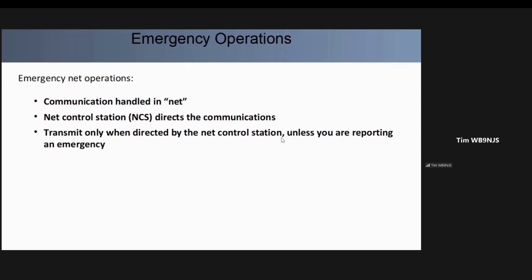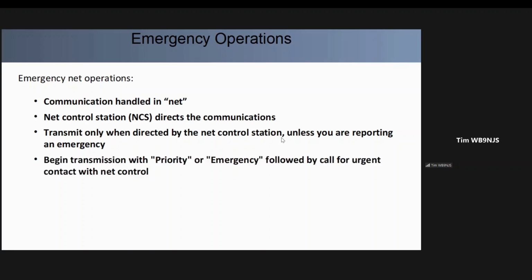Good practices to follow when you are on a net. The good standard practice is to transmit only when you've been directed to do so by the net control station, unless, of course, you have an emergency situation to report. So good practice out of the question pool: transmit only when you've been asked to do so by net control, unless you're reporting an emergency.